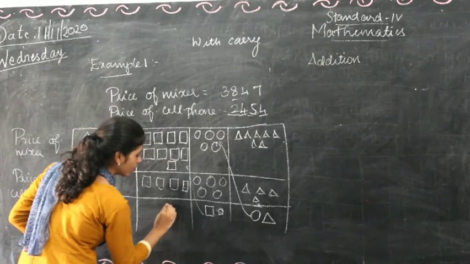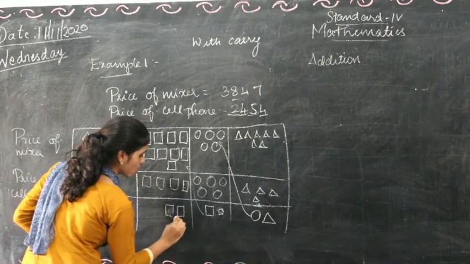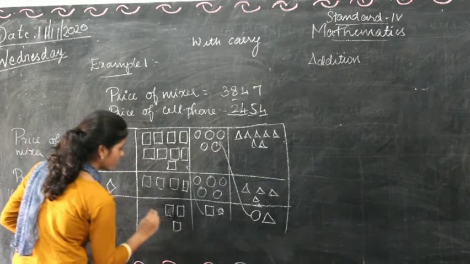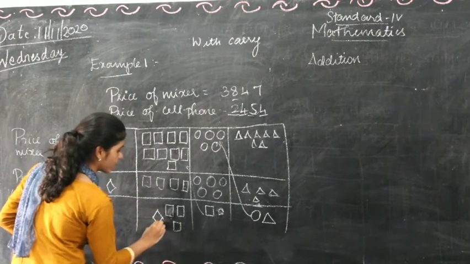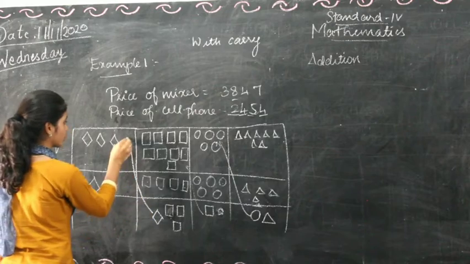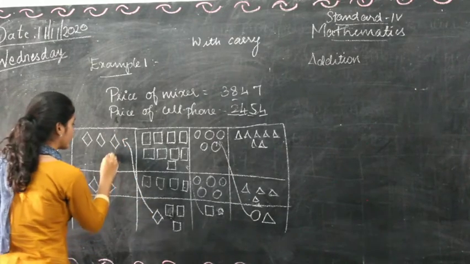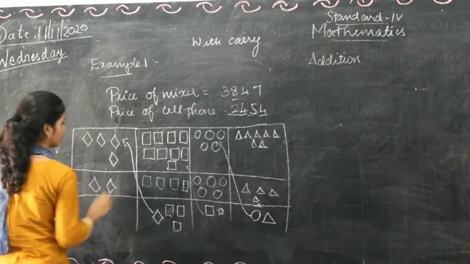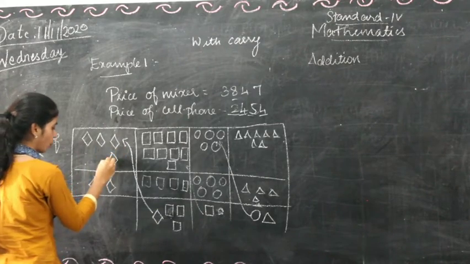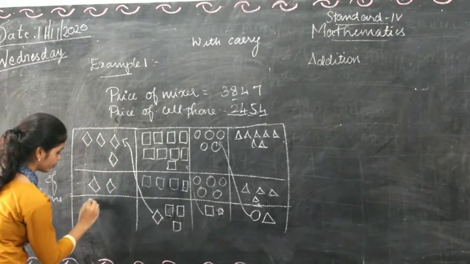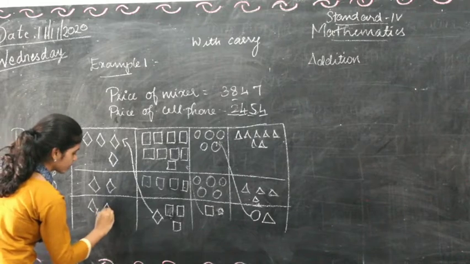So we will be having 3 squares and then 1 diamond shape. It will go here and you will get another diamond here. So 1, 2, 3, 4, 5 and 6. We will be getting 6 diamonds here.